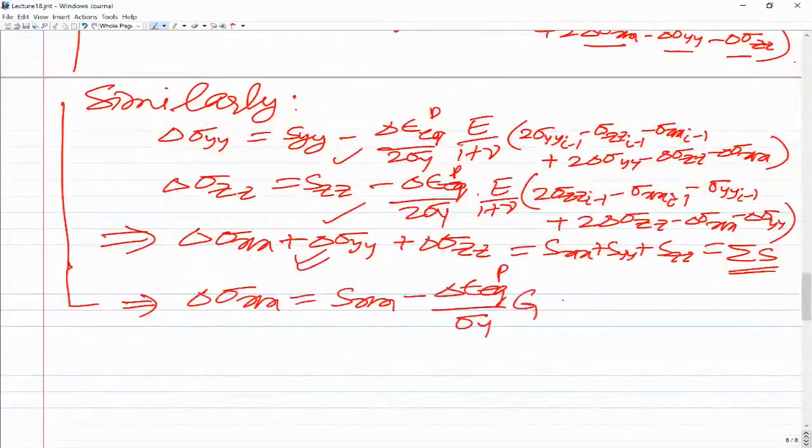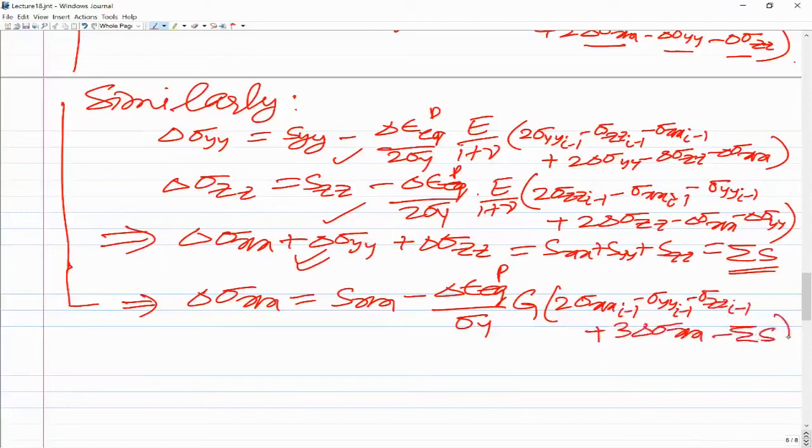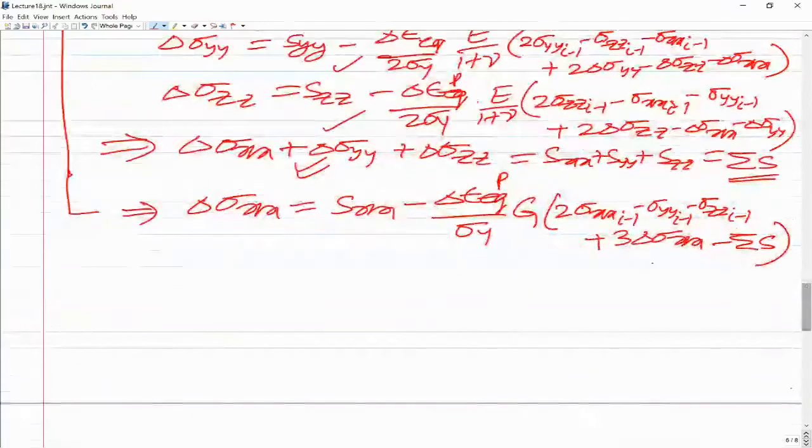And of course the initial stress terms would be there: twice sigma xx at i minus 1 minus sigma yy at i minus 1 minus sigma zz at i minus 1. Then we will have plus 3 times delta sigma xx and minus this summation s. Now we can solve this for delta sigma xx. You take this delta sigma xx term to the left hand side and then solve for it.